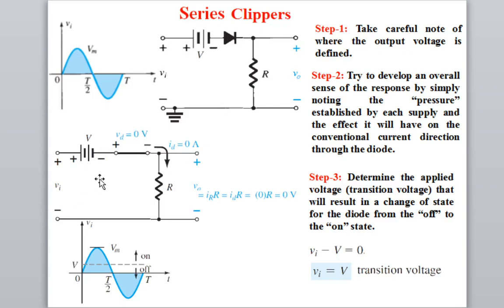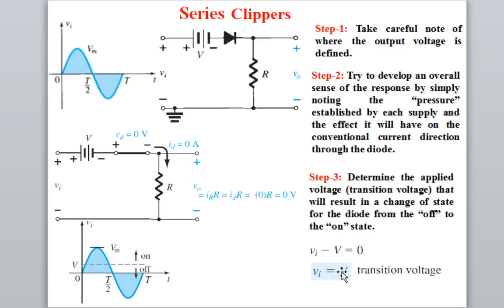Now if you apply Kirchhoff voltage law, obviously, plus V minus Vi is equal to 0. So if you find Vi, Vi will be equal to V. Obviously this voltage is basically known as the transition voltage.